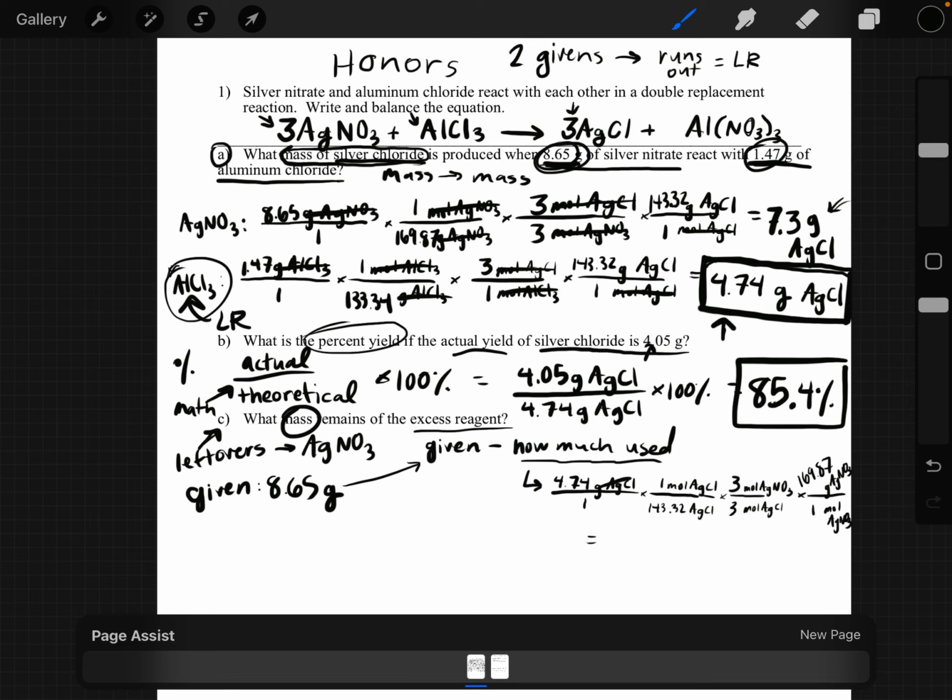Okay, I checked myself. I believe this is right. If it's not, comment. Send me an email saying that I'm wrong. I'll take it. Okay, when I plug this all into my calculator, assuming I know how to use a calculator, I believe this ends up being 5.62 grams of AgNO3 used.